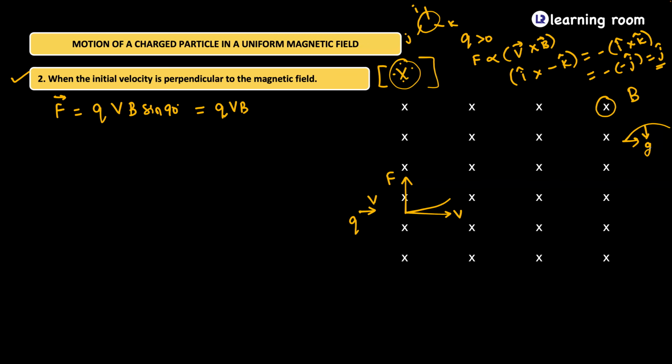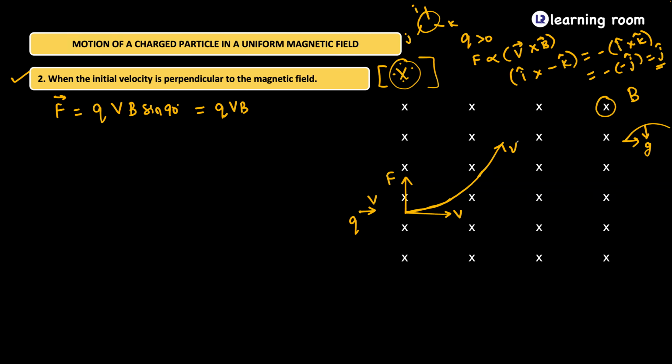But the only thing that I know till now is that when I write force is equal to Q into V vector cross B vector, the velocity and the force are always perpendicular to each other. So let's say it has taken a curved path in this way, and at this point, let me say that the velocity is going to be like this.